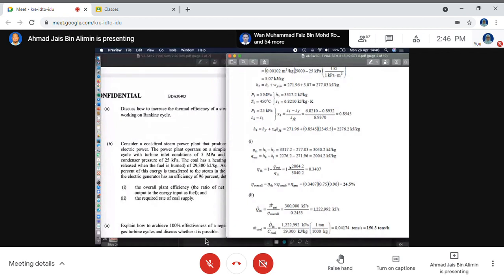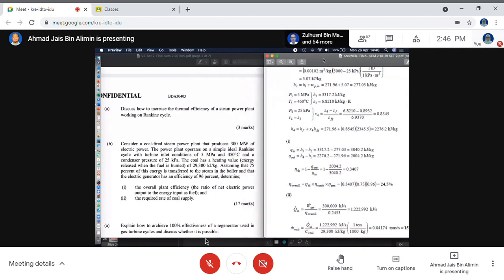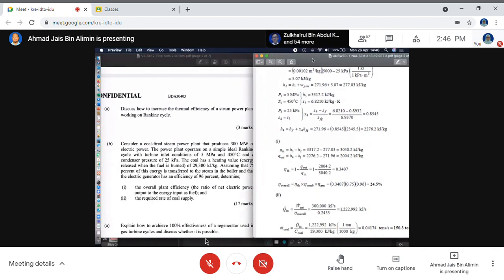Okay, nilai kecekapan yang ini, tapi dalam soalan ni dia beri juga tambahan maklumat. Dia kata kat situ bahawa 75% daripada tenaga tu dipindahkan ke steam pada boiler. So maksud itu adalah cekapan yang awak kena kira, dan total efficiency is you multiply the efficiency for each component, for each device. Okay.